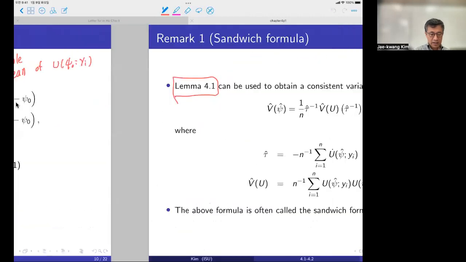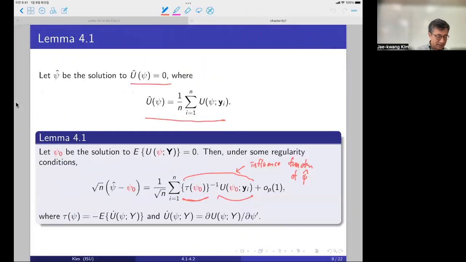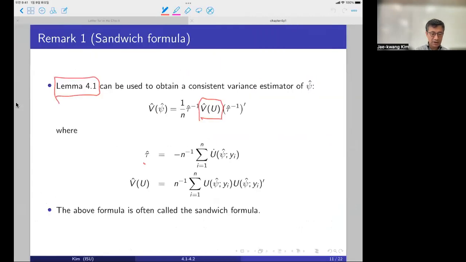Then we have a variance of u term, and then the constant term should be estimated. So basically, tau, remember this tau is a population mean. So the population mean can be estimated by the sample mean, right? So that is basically the idea.